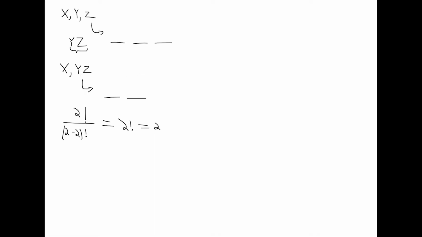So there are two ways that these letters can be rearranged if yz must always be together. What about the case where yz does not necessarily have to be in the order yz? So they always have to be together, y comma z, but they can also be in the form of zy. What would we do then?